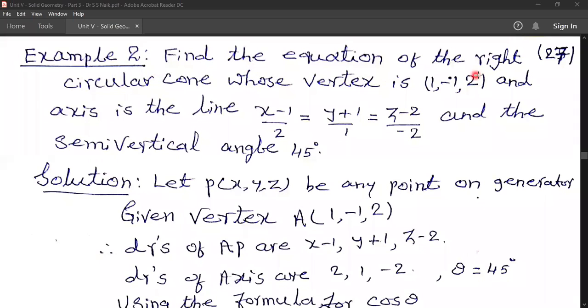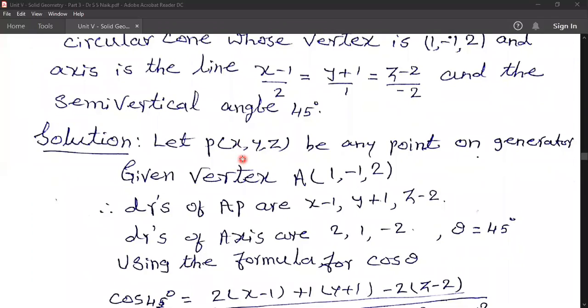Find the equation of the right circular cone whose vertex is (1, -1, 2) and axis is the line (x - 1)/2 = (y + 1)/1 = (z - 2)/(-2), and the semi-vertical angle is 45 degrees. So we'll start with the solution.